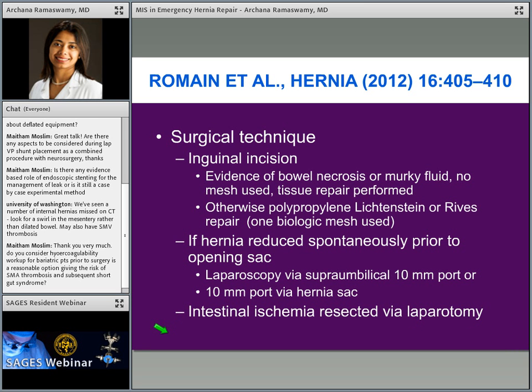In a smaller percentage, there was less use of mesh. And then in the patients that required exploration with the inguinal and femoral hernia, about 3/4 in both groups did not require any exploration due to a reduction of the hernia contents before they could be examined.